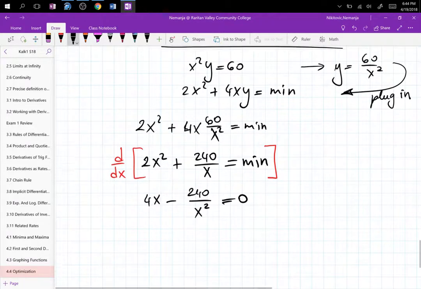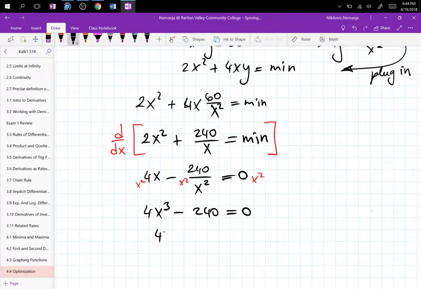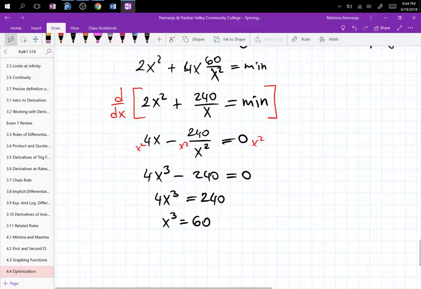And the way we solve this is to multiply through by x squared to kill the fraction. We get 4x cubed minus 240 equal to 0. 4x cubed equal to 240. X cubed equal to 60. And finally, x is the cube root of 60.